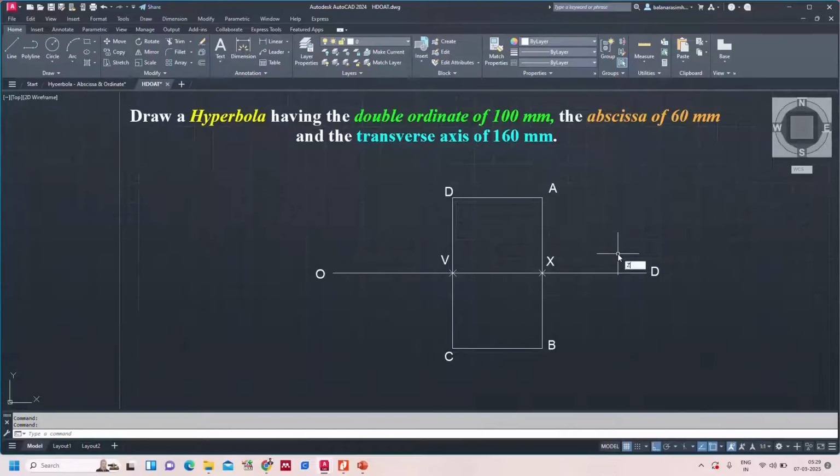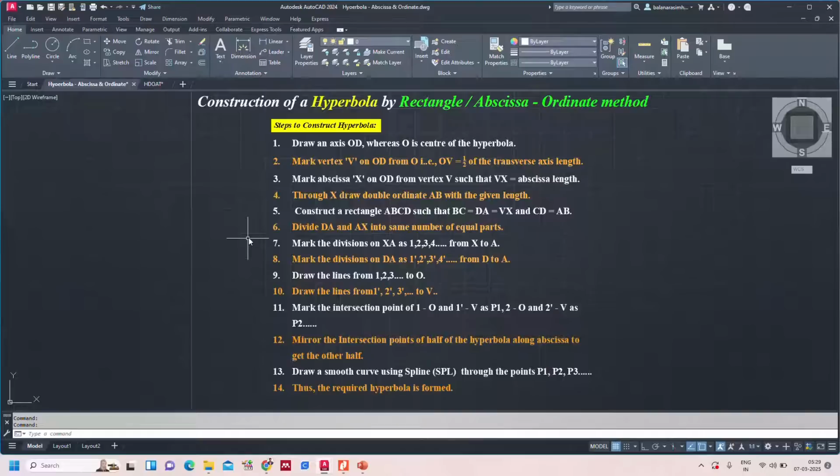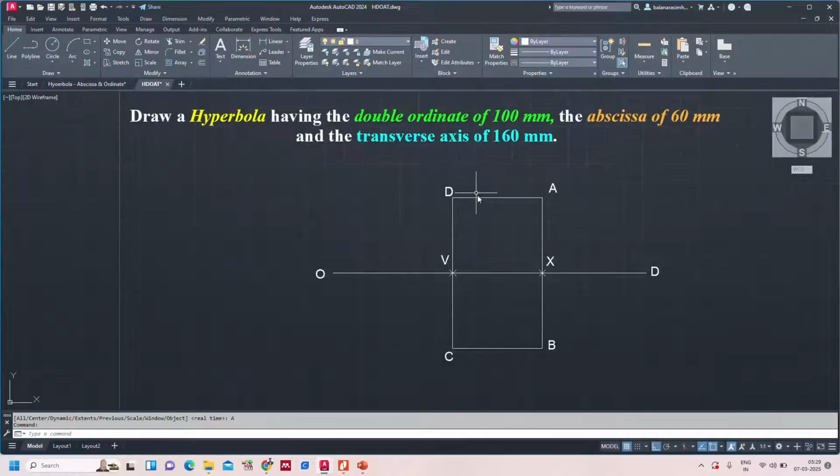So successfully we constructed it. And now you can see: divide DA and AX into the same number of equal parts. So divide DA, I am going to divide this one into 4 parts because I am taking more points to obtain a smoother curve. The same, divide AX.